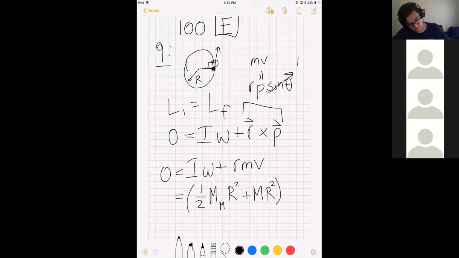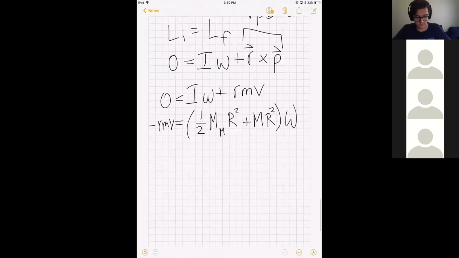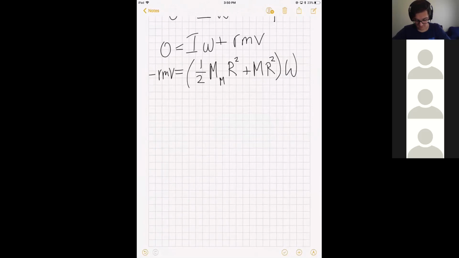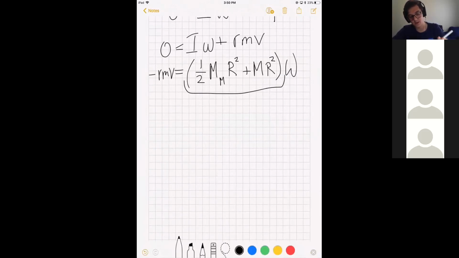And then we're going to subtract over the r m v right here times omega. So all that's left to do is divide over this whole thing to the other side. Sorry, this r should not be little r, it should be big R, because we're a distance of R away from the center.